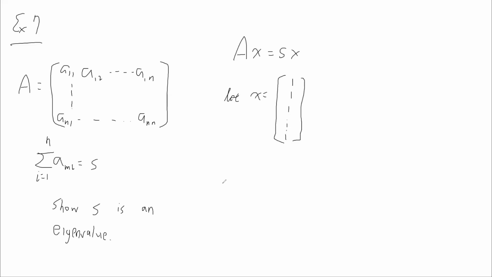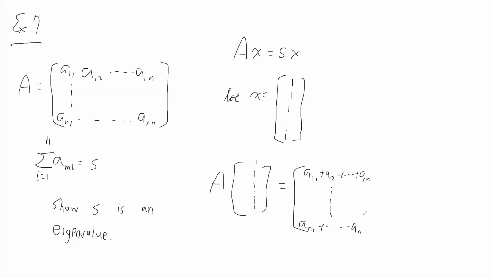So let's take a look at this. A times the vector of 1, 1, 1, and so on. This is just going to be a vector of A11 plus A12 plus up to A1n, and the same thing for the other rows. The last one is AN1 plus up to ANN, which is going to be a vector full of S's.